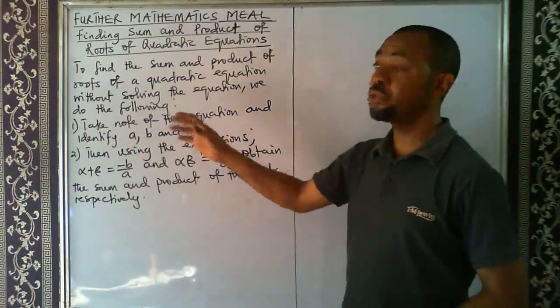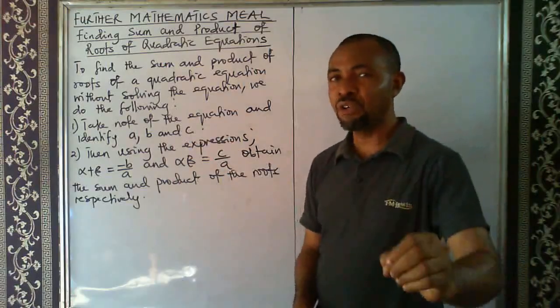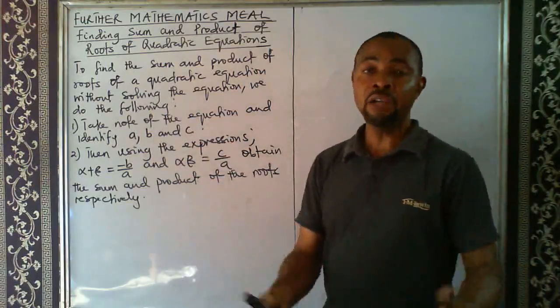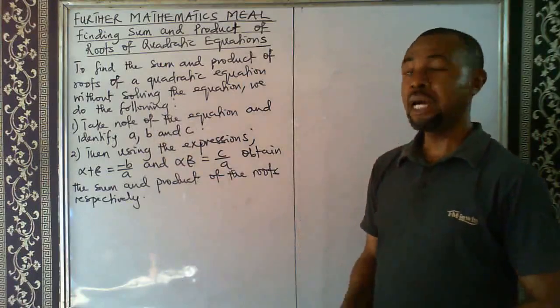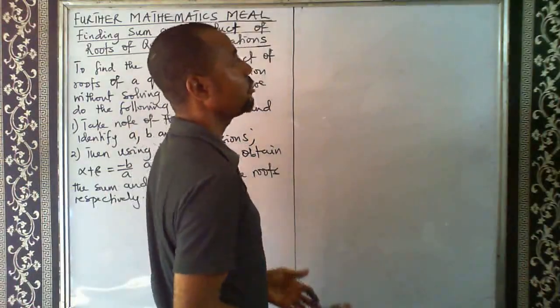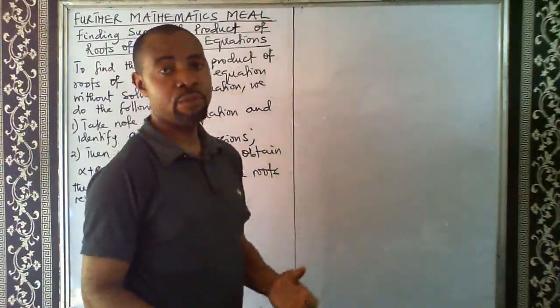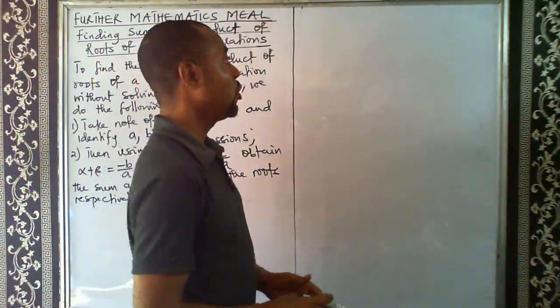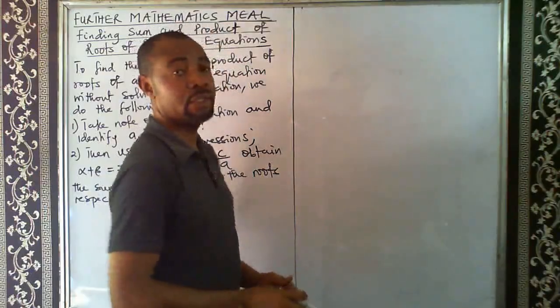So it means that once we are given a quadratic equation, without solving it, we can obtain the sum and product of roots. Yes, it's very much possible.